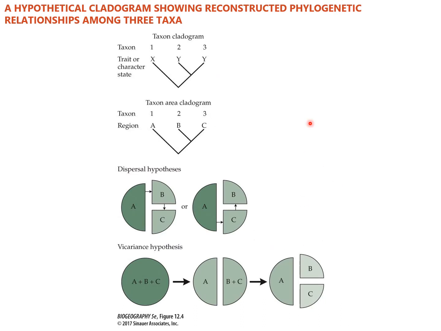Before we go any further, I want to introduce this idea of a taxon area cladogram, because it's something we use to tease out some of these scenarios. We've already seen a taxon cladogram, which is basically constructed off of a trait or character state.